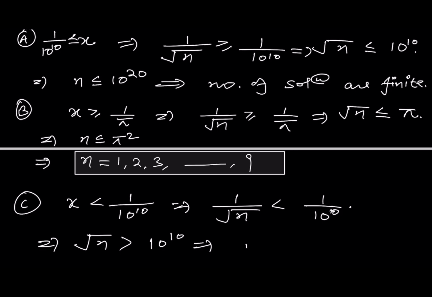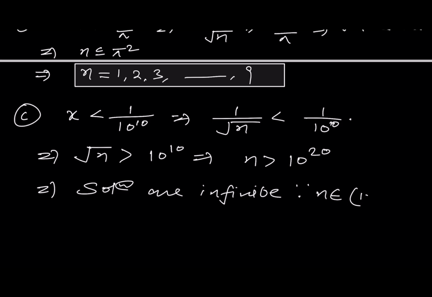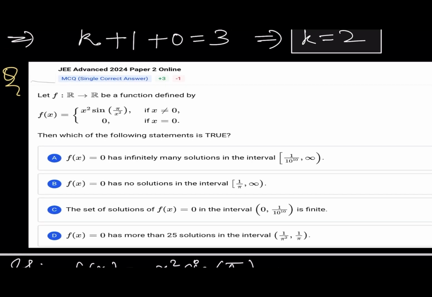It implies n is greater than 10^20. But n greater than 10^20 implies the solutions are infinite, because n belongs to 10^20 to infinity. So there are infinite solutions. Again, option C is incorrect because the option says the solution set is finite.